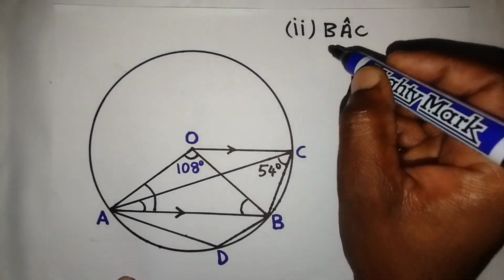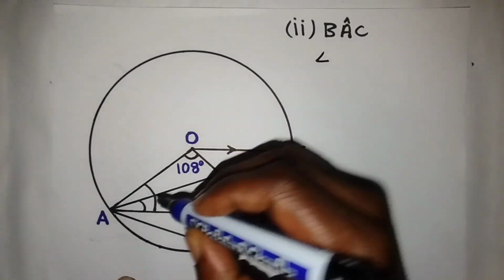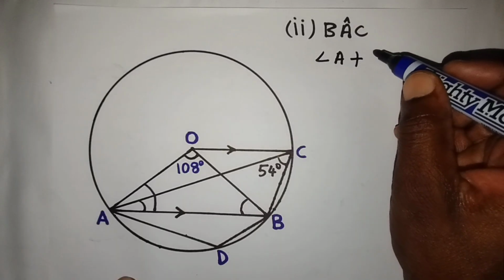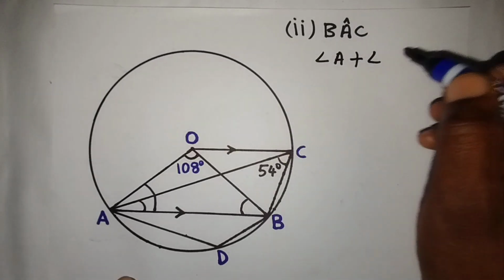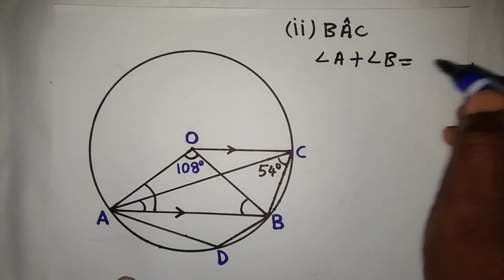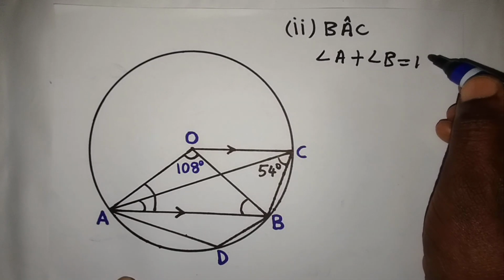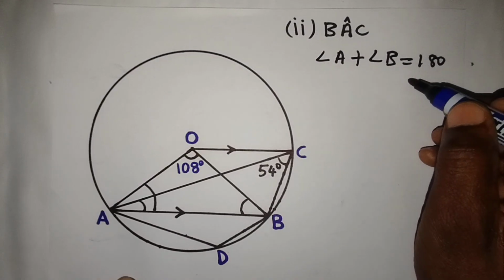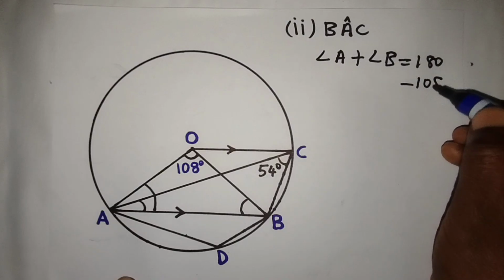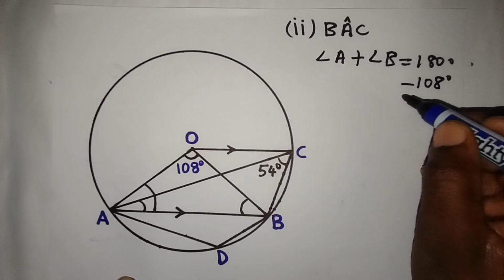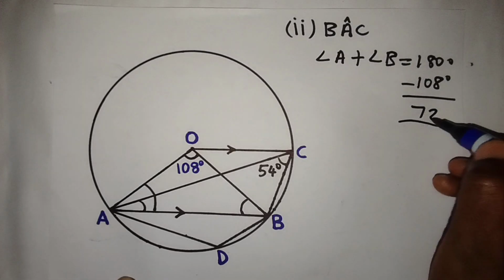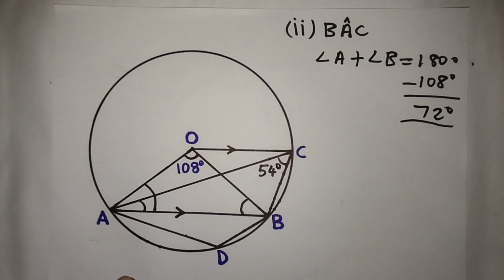So the sum of the angle at A and the angle at B here equals 180 degrees minus 108 degrees, and we get our answer as 72 degrees.